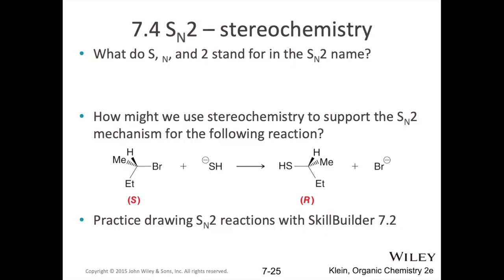We call this a backside attack, and it causes an inversion of stereochemistry, as you can see here. In this example, our nucleophile is this hydrogen sulfide ion. It has to attack from the left because the bromine is occupying the space on the right. So you have the nucleophile attacking from the left, and that causes the inversion of this chiral center.